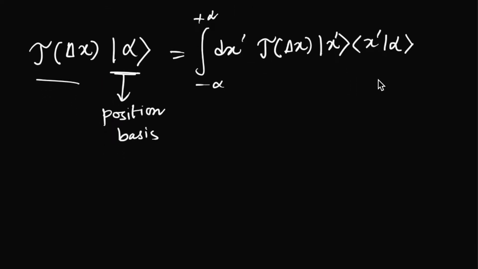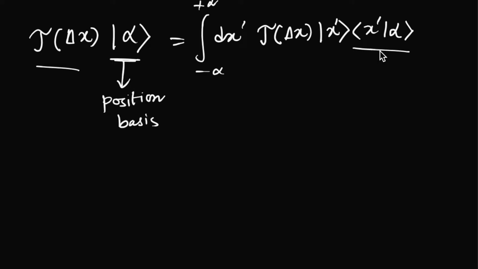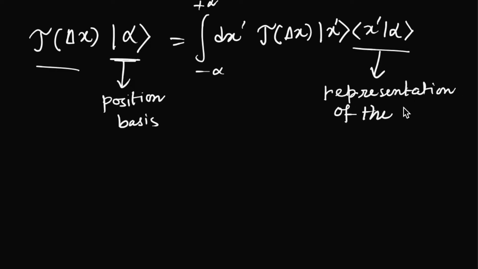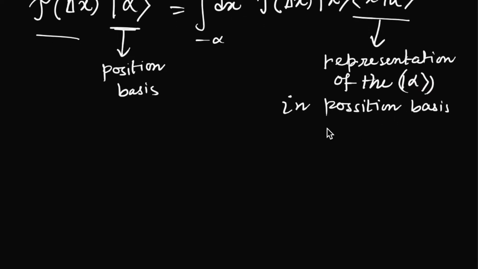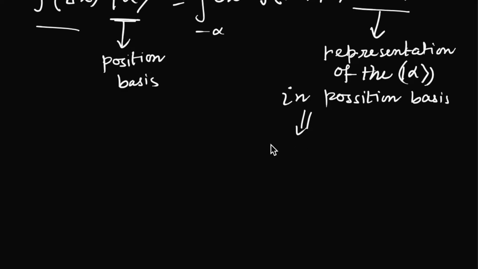And this <x prime|alpha> is nothing but the representation of the ket alpha in position basis, which is generally called the wave function.